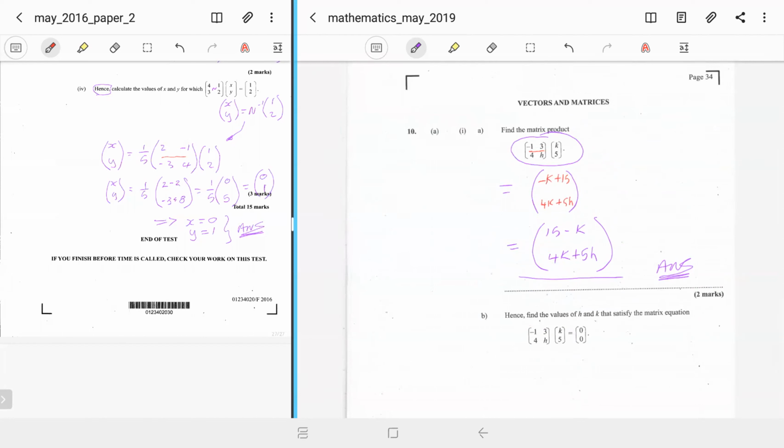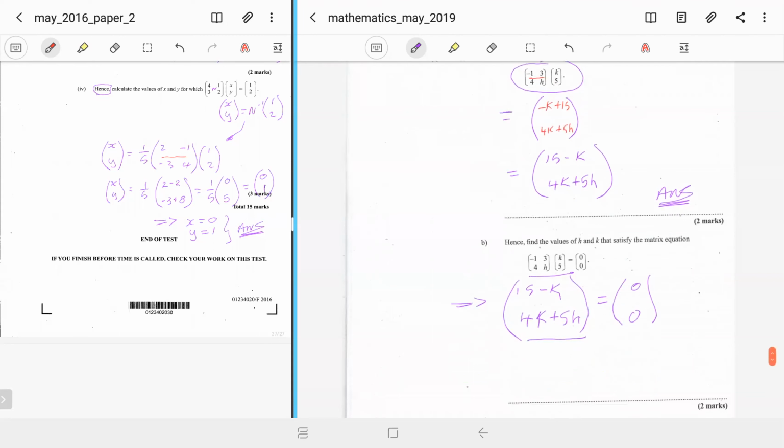It implies that 15 minus k and 4k plus 5h is equal to 0, 0, because this side works out to be that. We worked that out already. Right? Write the k better. Don't like how this k looks.